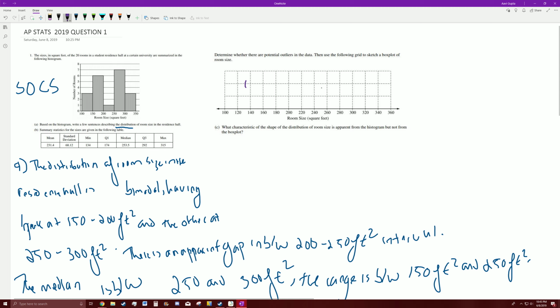That'll go right here. Q1 is 174. Should go right here. And Q3 is 292. Go here. Again, it should be as accurate as possible. And then the maximum value is 315, which is right there. Okay, there we go.